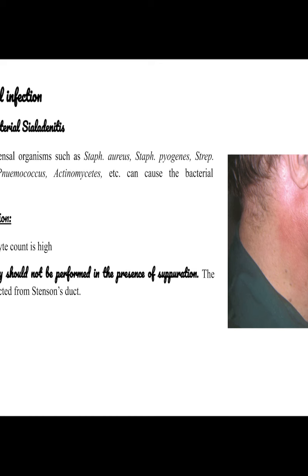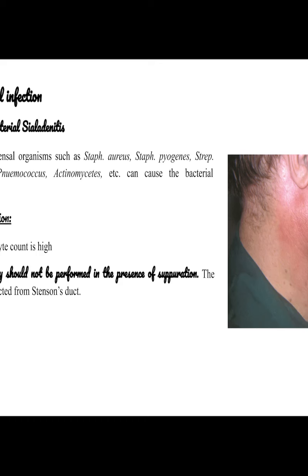Especially, it affects neonates, children, or debilitated adults with poor oral hygiene. Some drugs can produce similar effects, such as antidepressants, antihistamines, tranquilizers, and anti-Parkinson drugs. In the investigations, we will find a high leukocyte count.